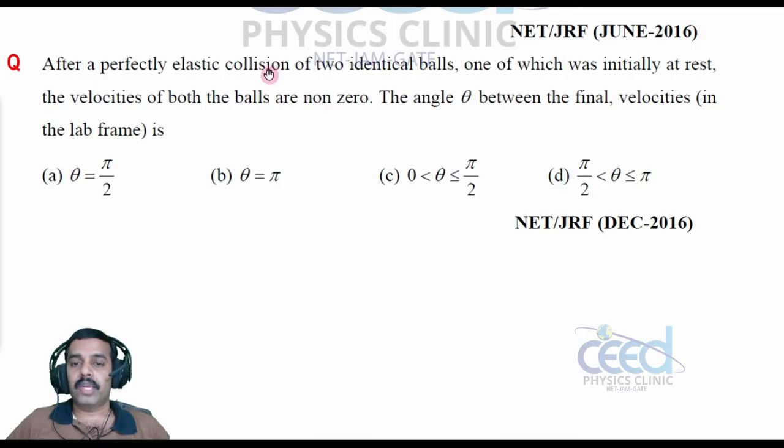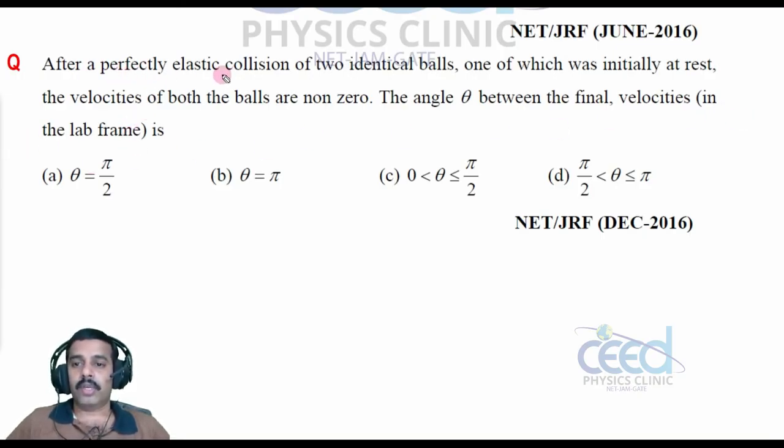After a perfectly elastic collision of two identical balls, one of which was initially at rest, the velocities of both balls are non-zero. The angle between the final velocities in the lab frame is.